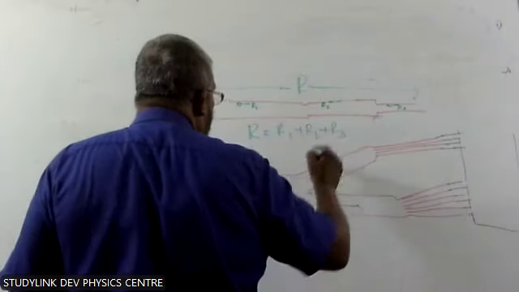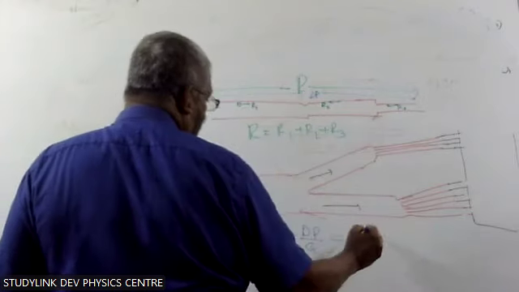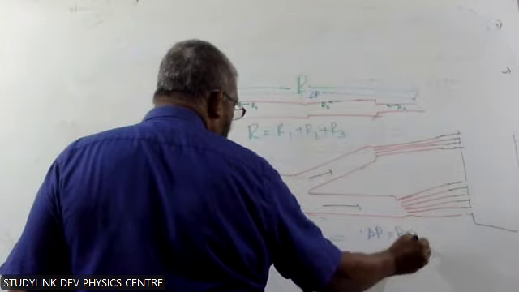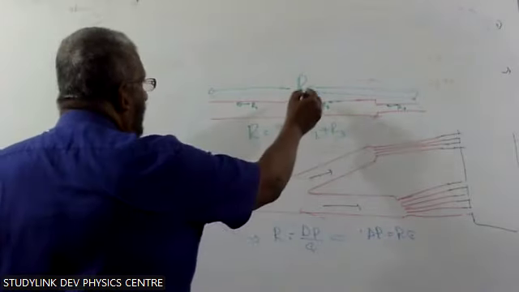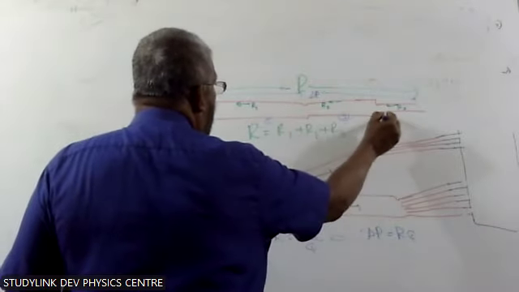From this we can say delta P is the difference here. Delta P is equal to RQ for the first tube, second tube, third tube.